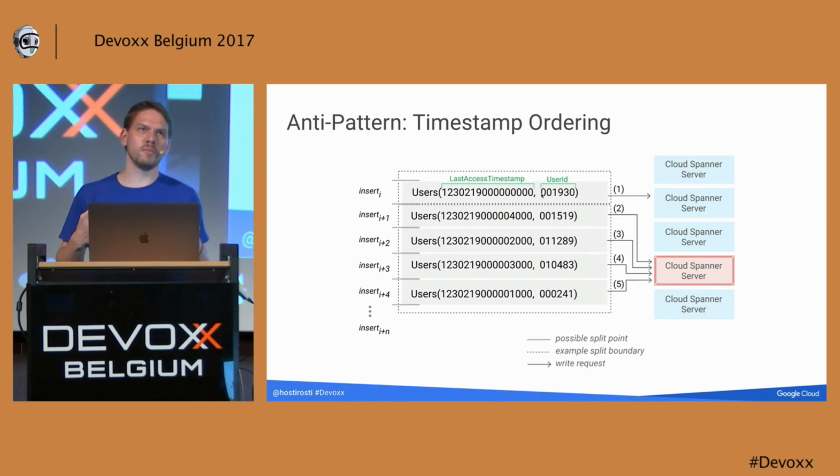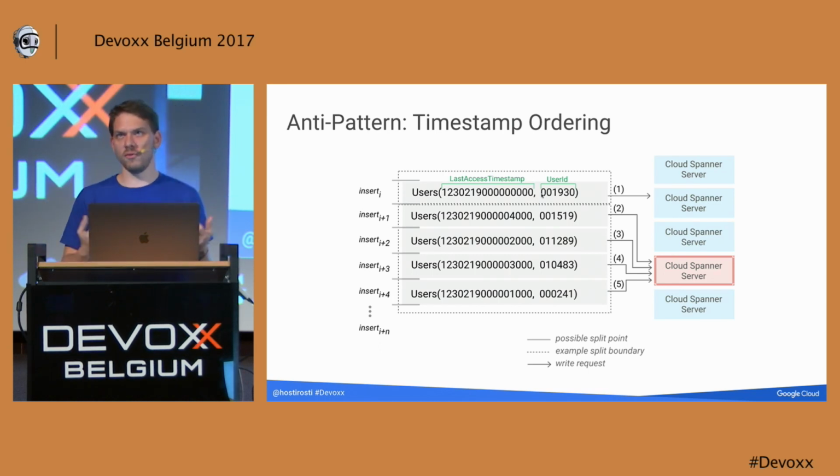And the split is controlled by one compute resource. We do some splitting over time with statistics, but there's only so much that you can do if you always append to your table. So basically you end up in one split, and by that you restrict your horizontal scalability.